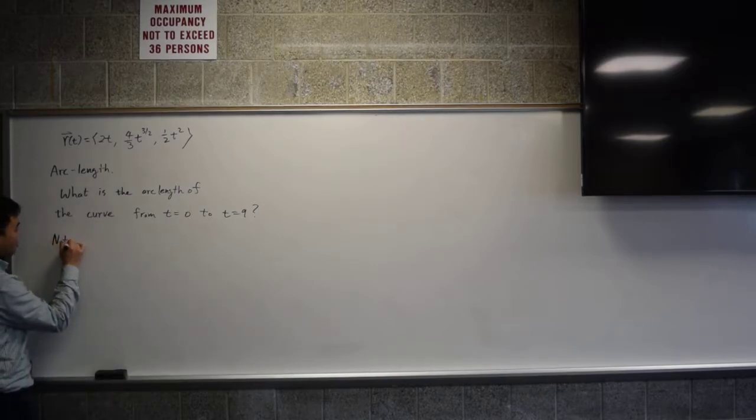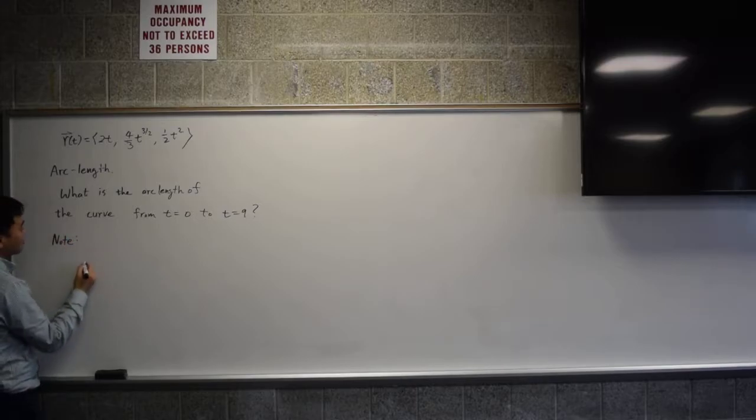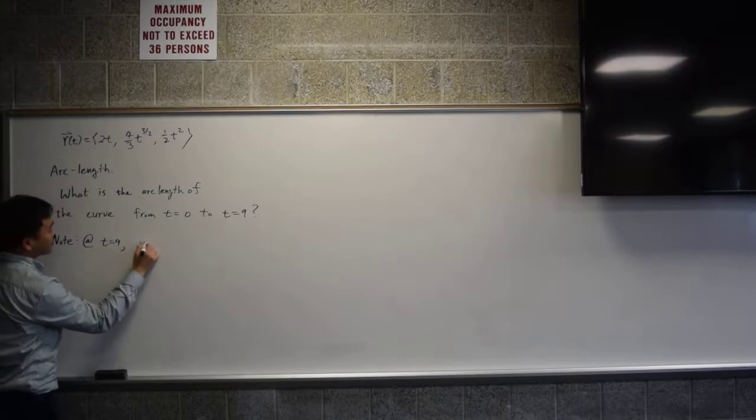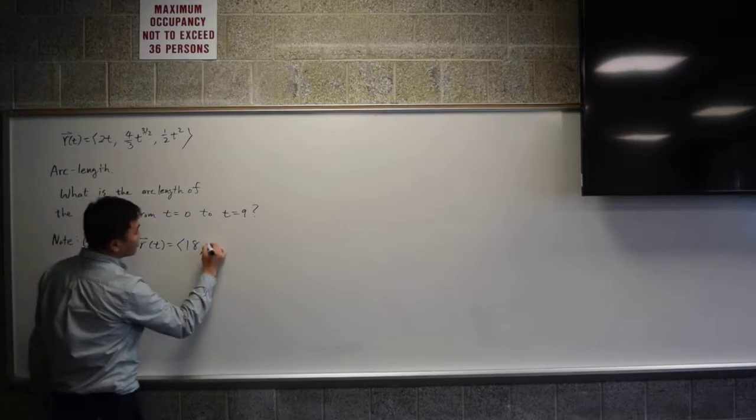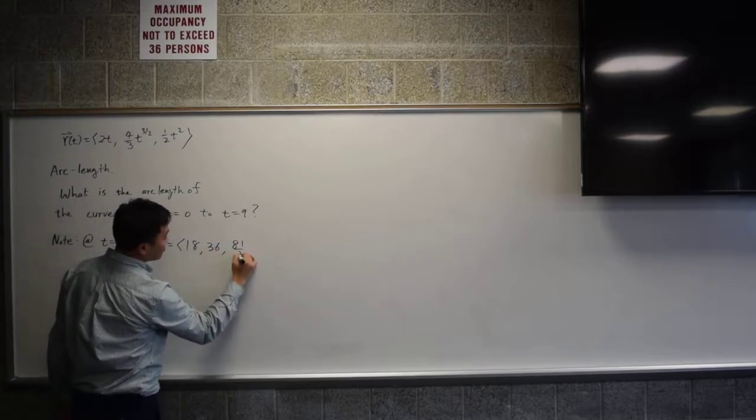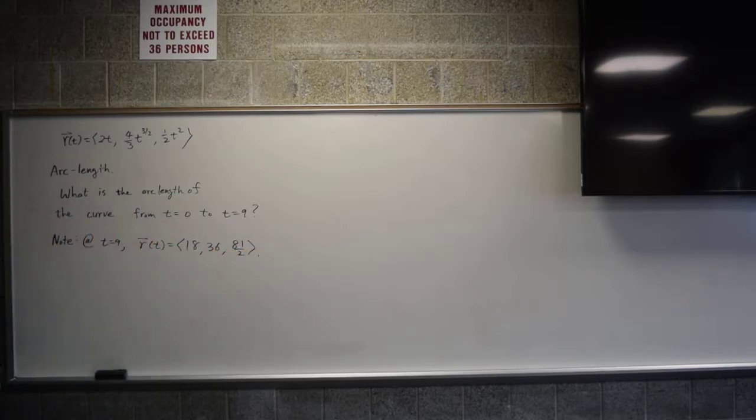So let's just write down that remark I just had. Note, at t equals 9, R of 9 is equal to 18, 36, 81 over 2, if you computed it.